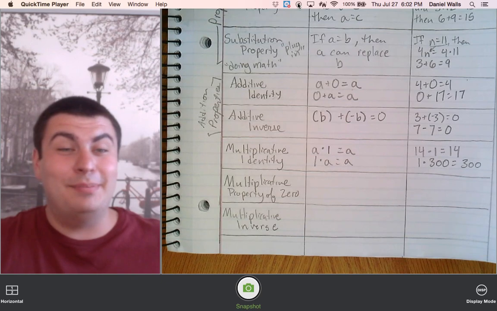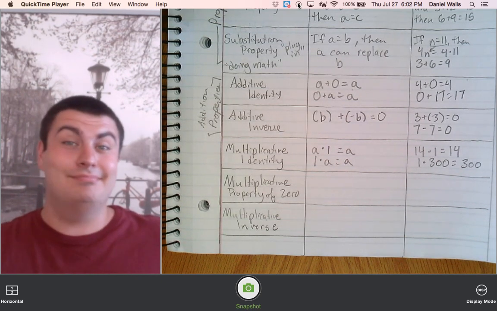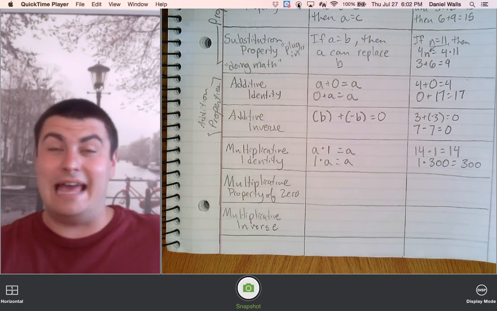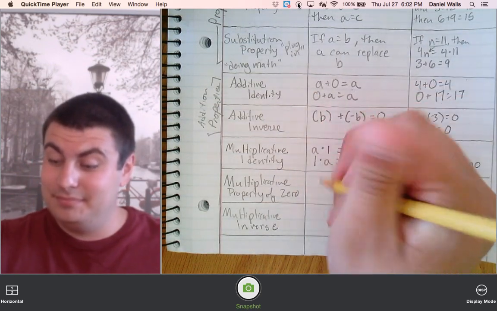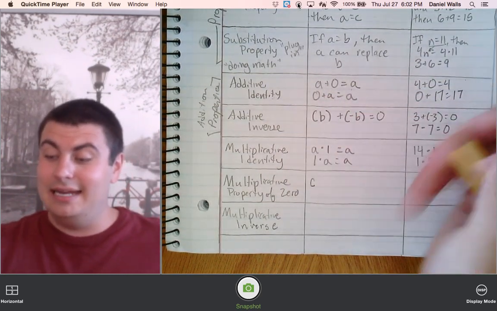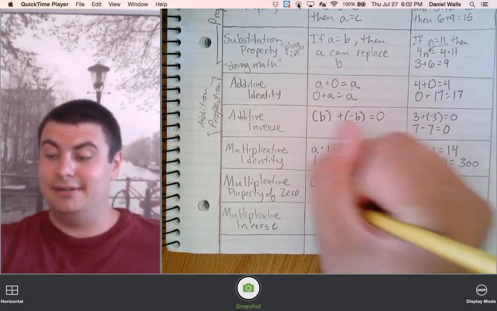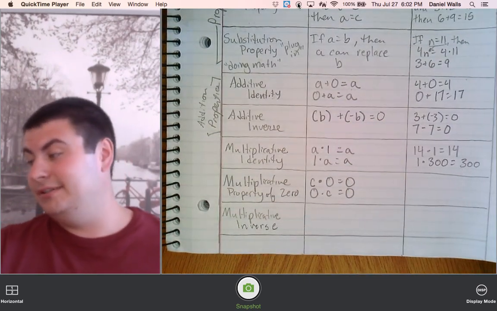The multiplicative property of 0. This is something that when we started our times tables back in 2nd, 3rd, 4th grade, whenever that was for you, that is that first row of the times table that we did. Pretty much saying that any number, we'll say C, any number times 0 is going to be 0. Whichever order you put it in, any number times 0 is 0.